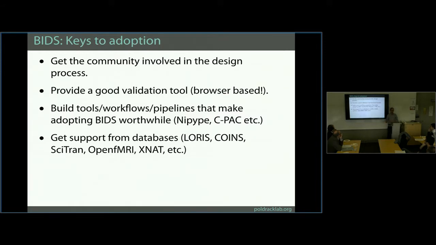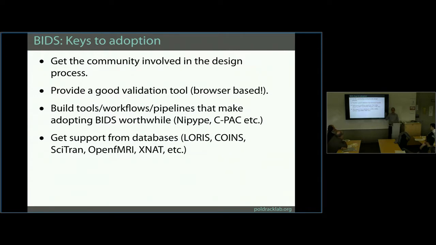So we got the community involved early. Now all of the major software packages are at least working on setting up their software to deal with data that are in this format. We provide a validation tool; we wrote a JavaScript validator so it can run in the browser. Somebody can, without having to upload any data, say, I want to see if my data follows the BIDS format.